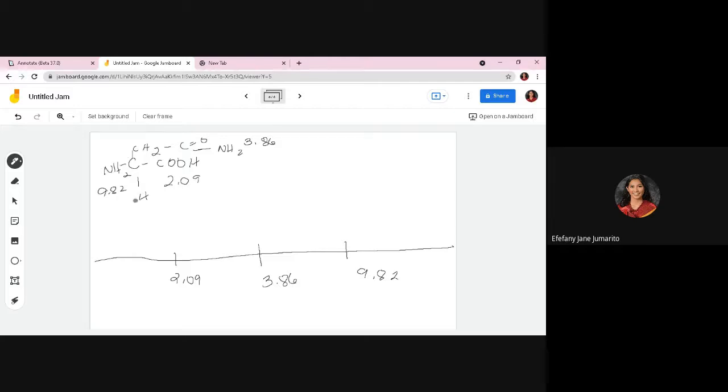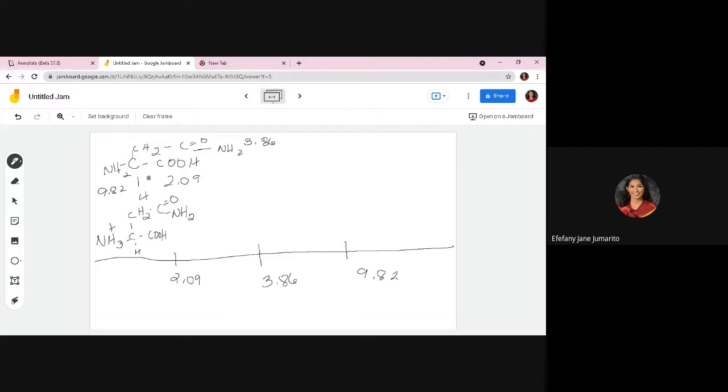Now under acidic solution, what will happen? Your amino group will be protonated. Then the H, then COOH, and then you have the R group, CH2, C double bond O, and then we have NH2. Okay, because it's under acidic.